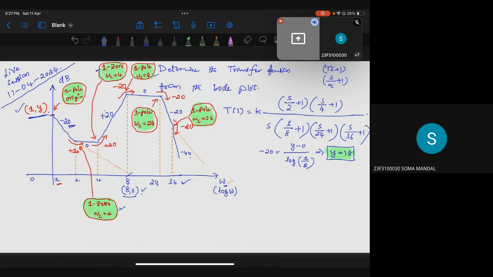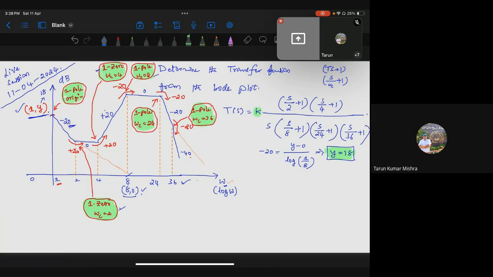Once you have y as 18, how can I use it? It is log base 10, just log, not natural log. Now our job is to find this K value.